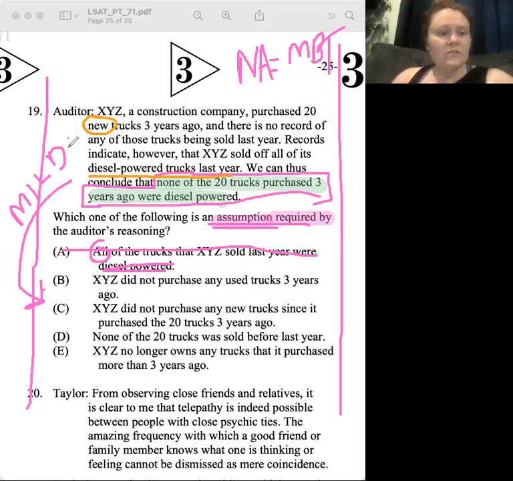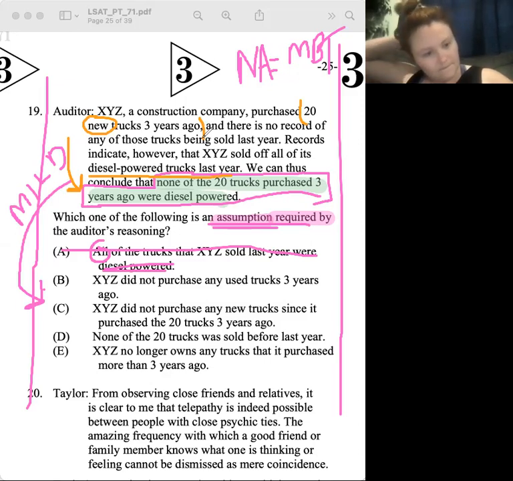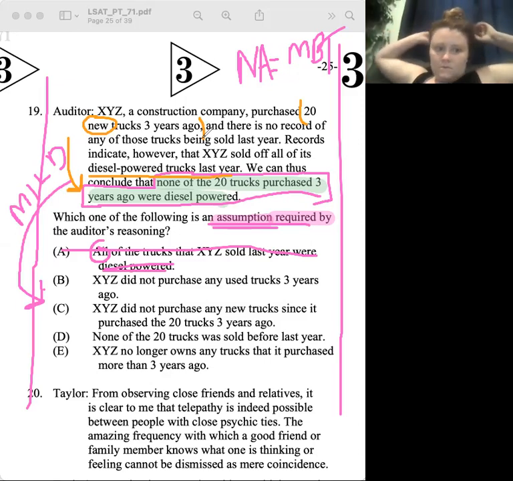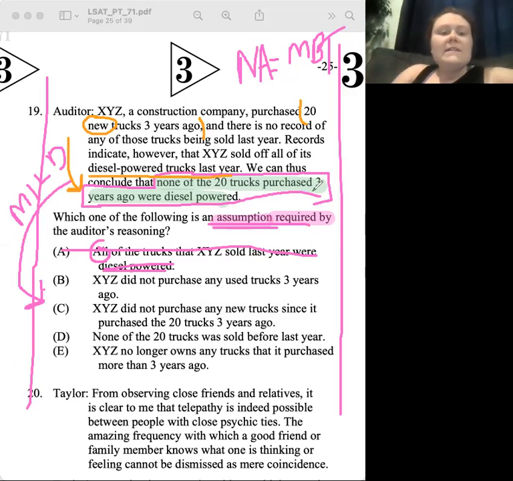In order for this conclusion to be true, what needs to be true about these 20 trucks being bought? None of the 20 trucks purchased 3 years ago were diesel powered. So they're not new.